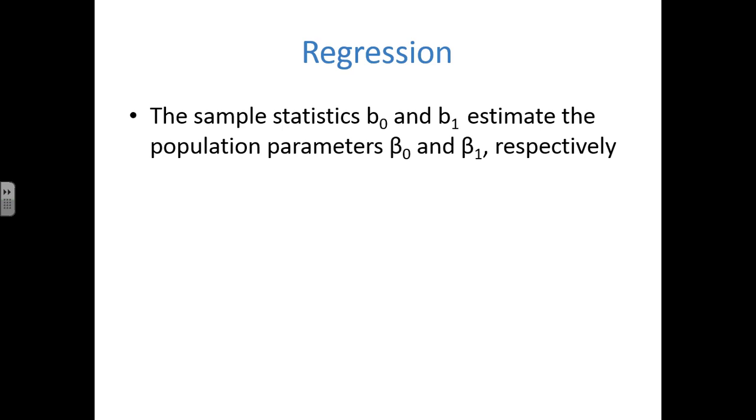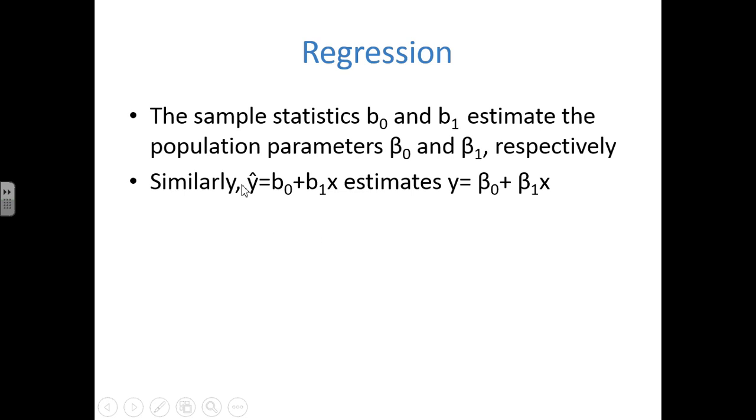So in regression, we have two sample statistics, b0 and b1. These estimate the population parameters beta0 and beta1 respectively. Okay, so b0 is our y-intercept. It is equivalent to the expected value when the independent variable x is 0, and b1 is our slope or our rate of change in our sample data, where beta0 and beta1 are what we expect in the population.